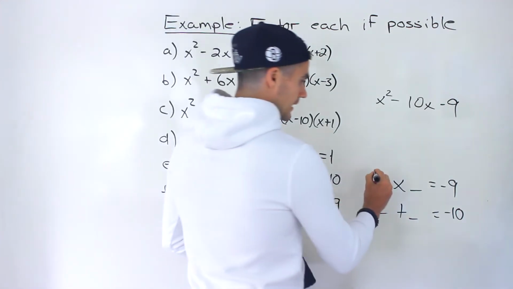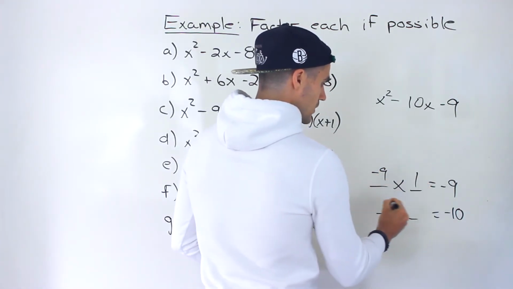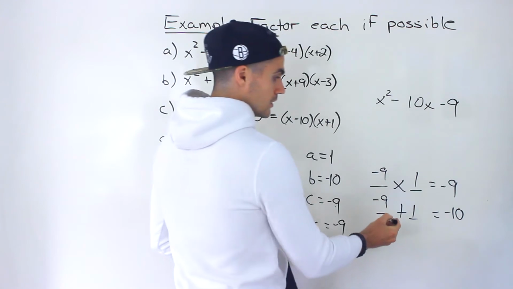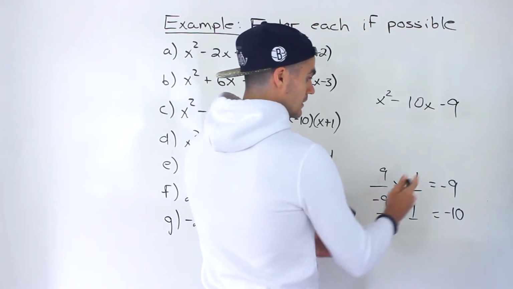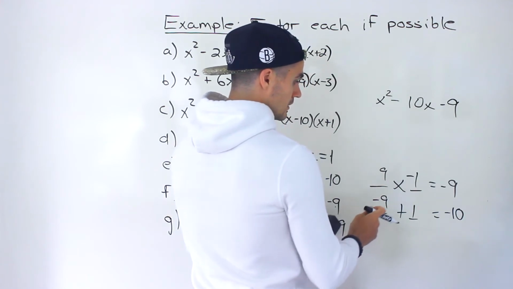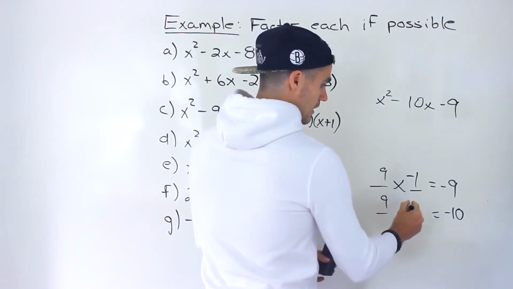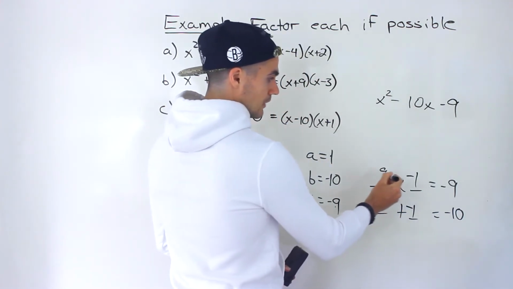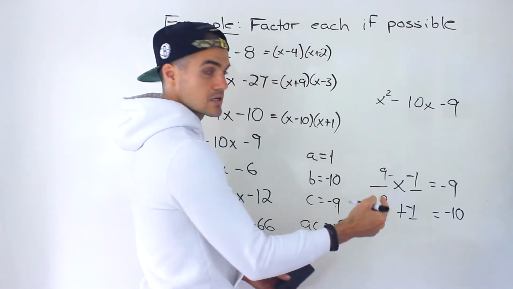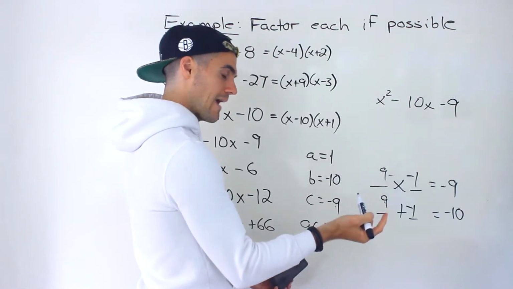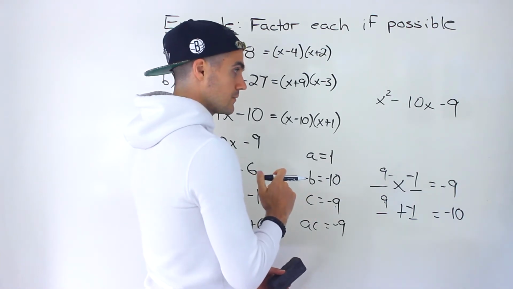Because even if we do like -9 and +1, well, -9 plus 1 would give us -8. It's not going to give us -10. What if we do 9 and -1? Right, it would work over here, but over here 9 plus -1 is like 9 minus 1, which would give us +8. So that wouldn't work either.